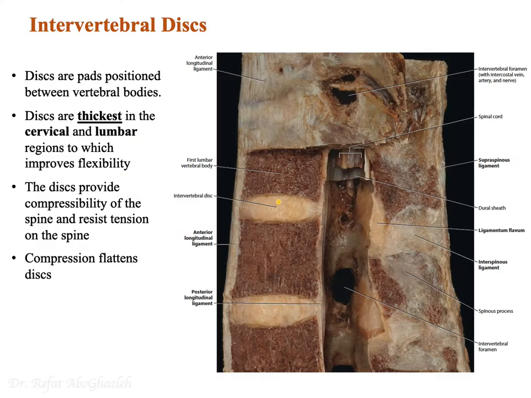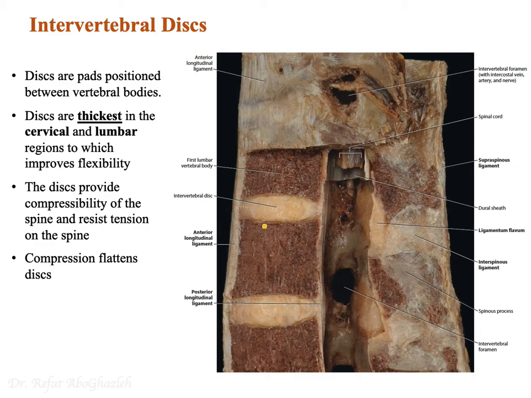Now, shifting back to the intervertebral discs and the vertebrae with the intervertebral disc in between. This is a real cadaver you see here, a cross section through the lumbar vertebrae. Anyway, lumbar or thoracic, it doesn't matter. I want you to get the idea about the intervertebral disc.